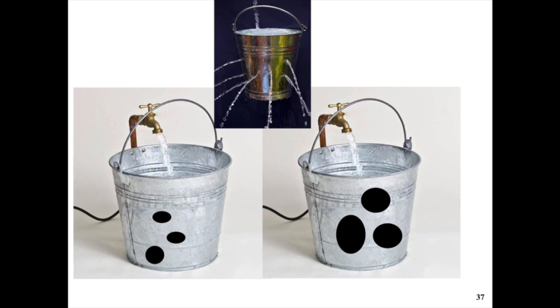If the bucket has larger holes, more water will come out, more is filtered. If there are smaller holes, less is filtered. Of course, if the holes got smaller or got blocked anyhow, that would also impair filtration. But that's as much as we are going to speak about when it comes to the coefficient of filtration.